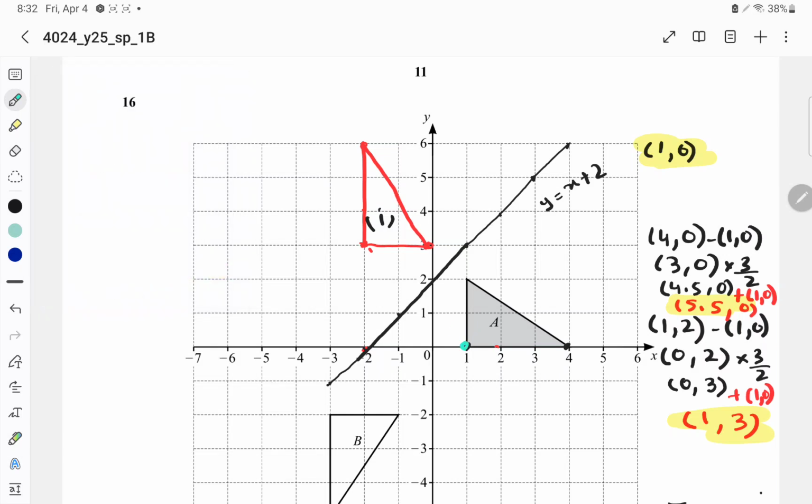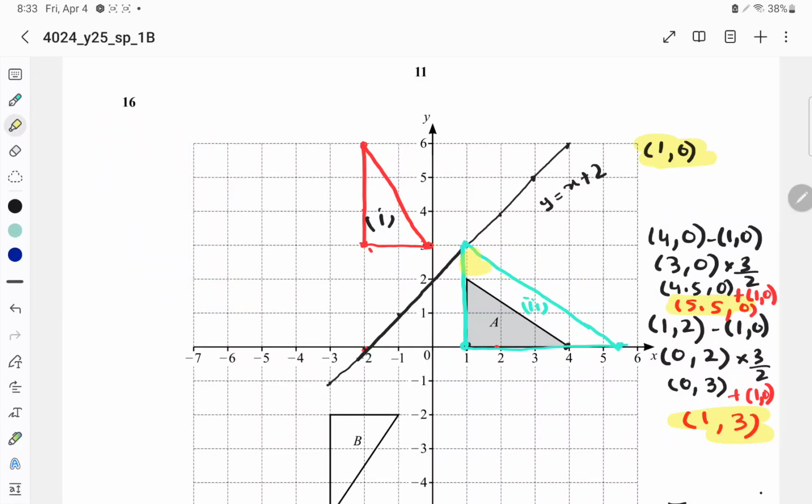So that is 1 comma 0, which was the invariant point, 5.5 comma 0, this point, and then 1 comma 3 is another. Now this is your enlarged diagram. So that is the answer for part 2.